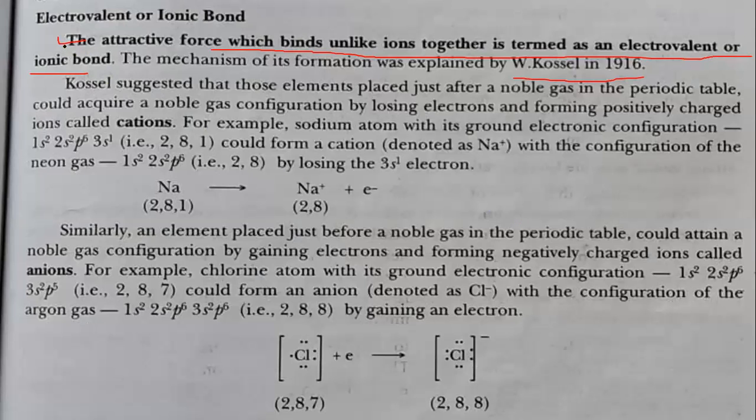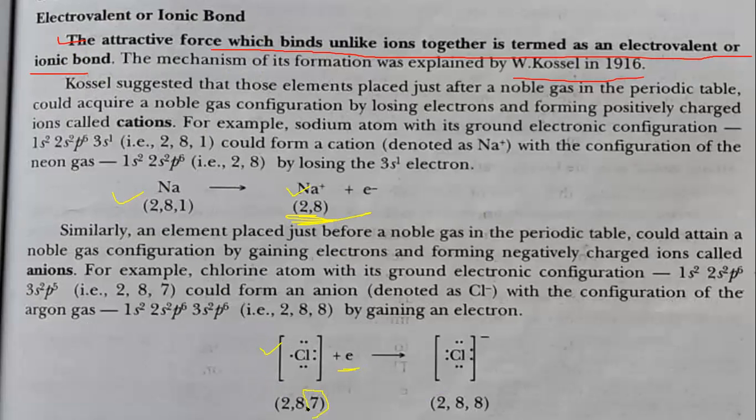The attractive force which binds unlike ions together is termed an electrovalent or ionic bond. Mechanism of formation: how does it form? If you see down here, this is sodium metal. It gives one electron to attain its octet. This is a chlorine atom. It takes one electron.